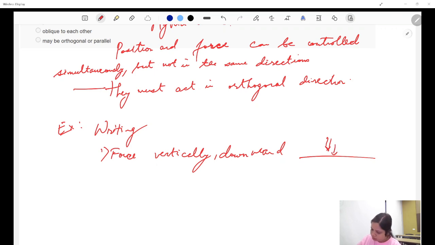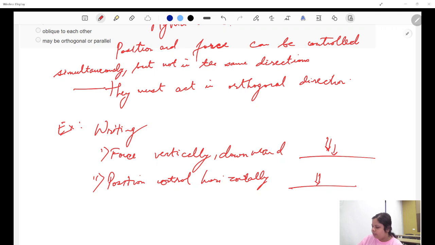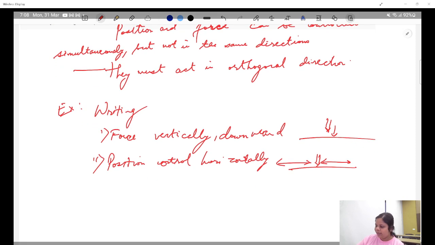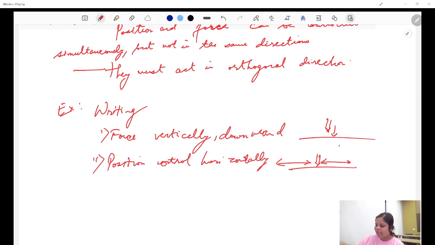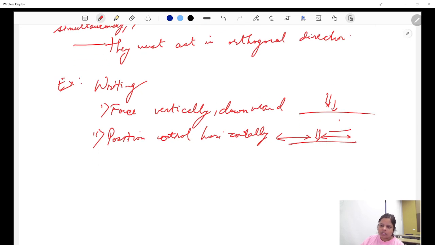For position control, horizontally, it should go in this and this direction, to draw shapes or to write letters and go further. So it is happening in vertical and horizontal directions.